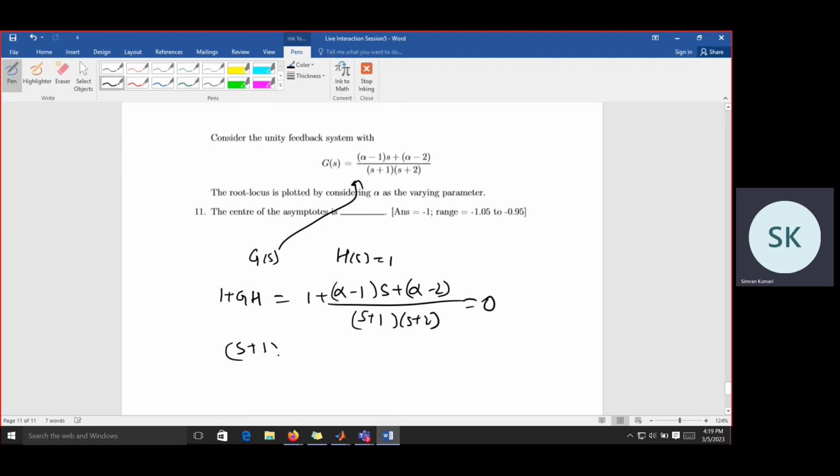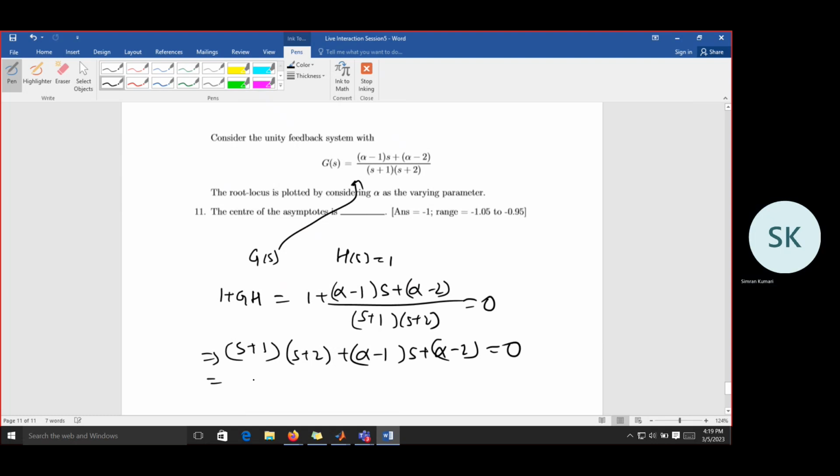We get (s plus 1)(s plus 2) plus (alpha minus 1)s plus (alpha minus 2) equal to 0. Now we simplify this one and we get s square plus 2s plus alpha s plus 1 equal to 0.